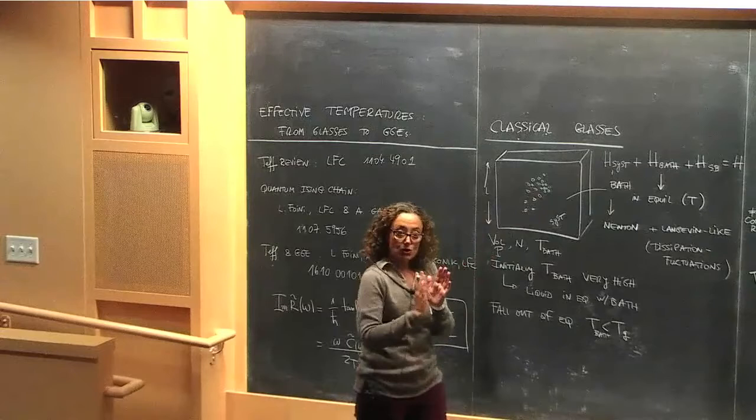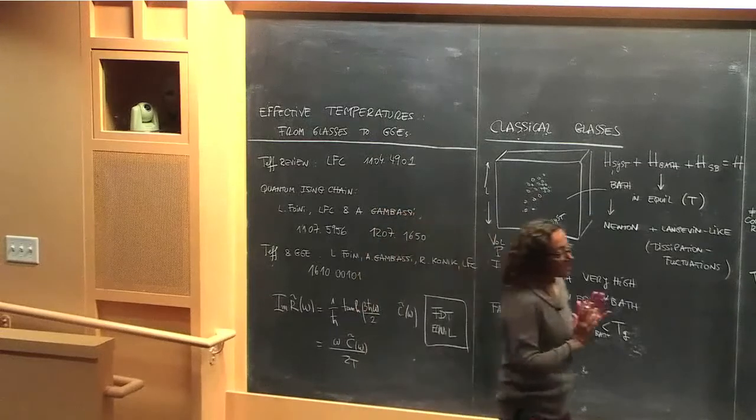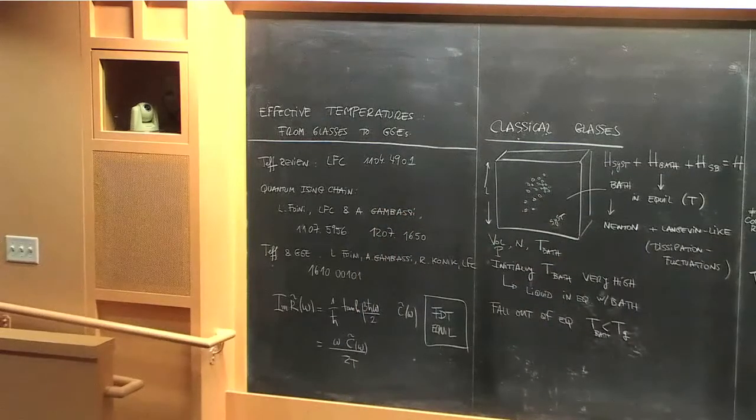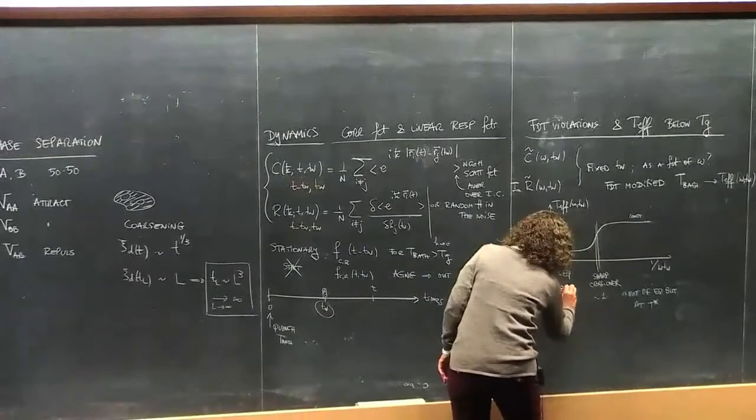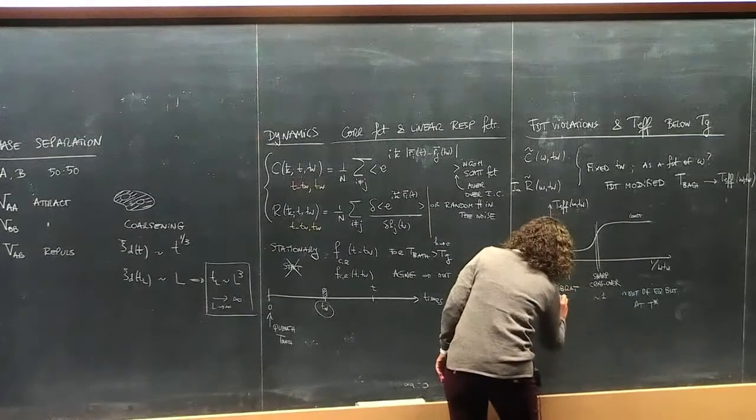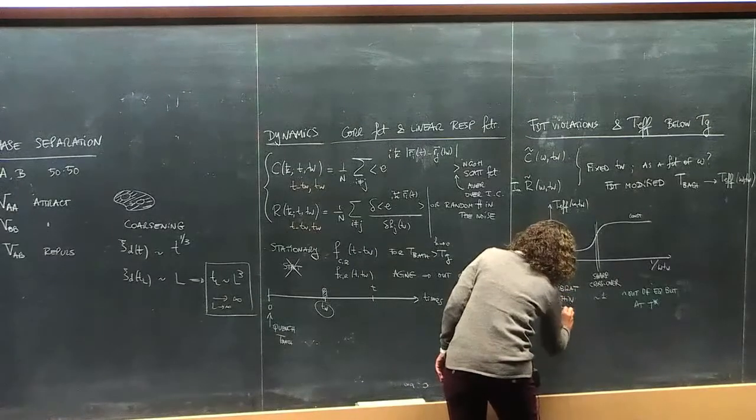This fast motion is the one which is controlled by the temperature of the bath, because the system doesn't really care whether it's ordered or disordered, or has slow dynamics or not. This dynamics is fast. So this is the part which is here. It's high frequency motion. So this is kind of vibrations within cages.